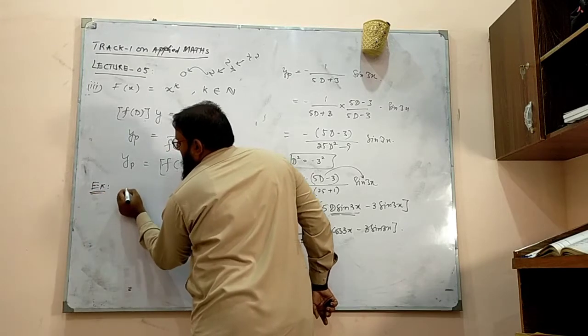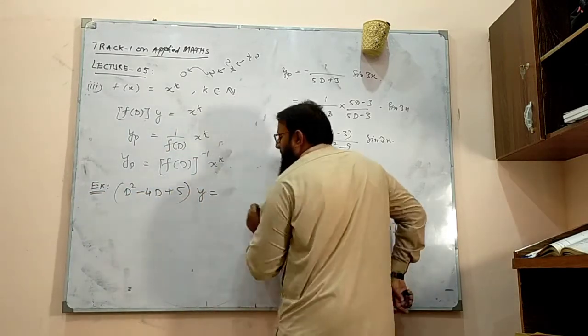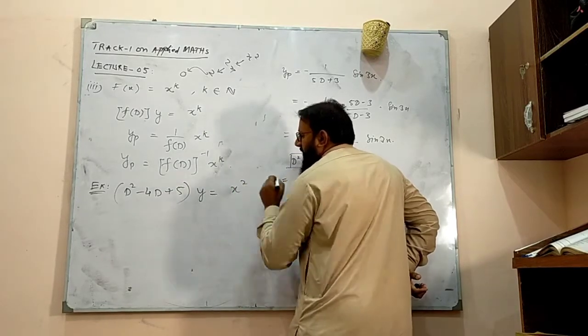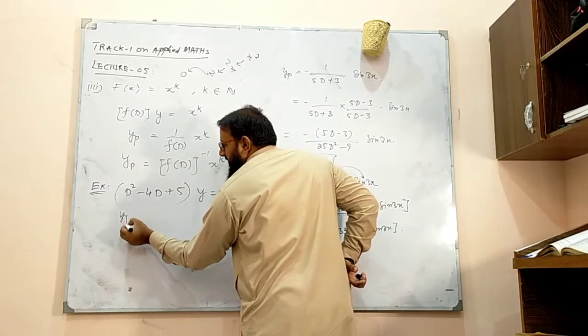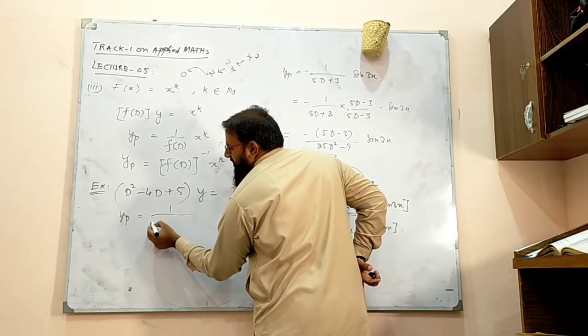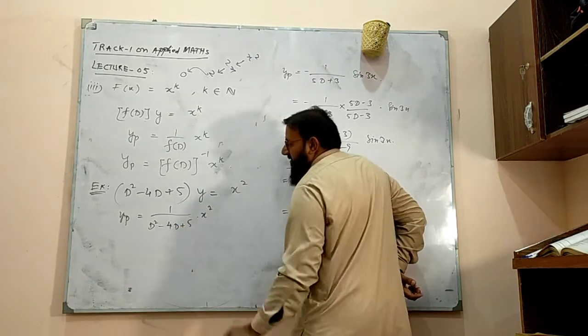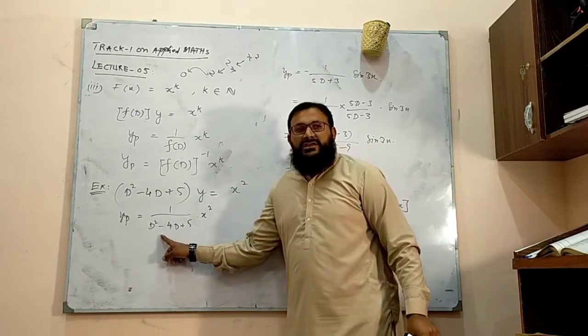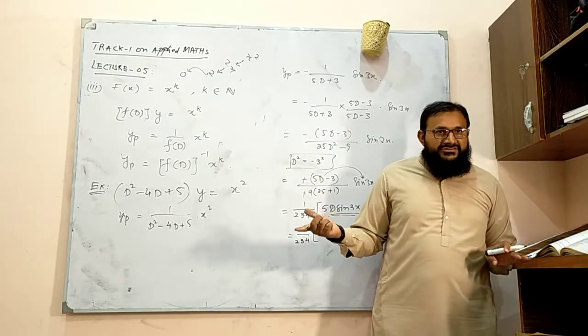Example: d square minus 4d plus 5 y equals, let's say, x square. It's going to be very simple. So yp is going to be 1 over d square minus 4d plus 5 times x square. Now how can I expand this particular thing into increasing powers of d?